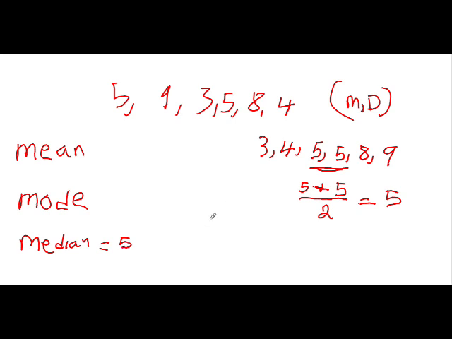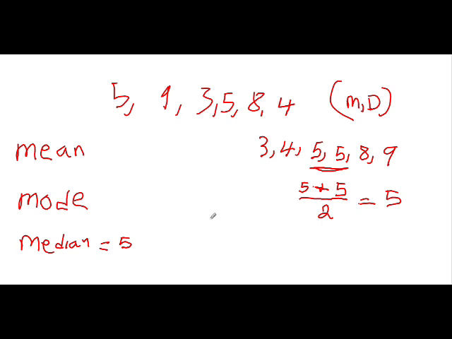5, right? Now let's find the mode. Again, what is mode? Mode is the number that occurs the most in a set of numbers, in a sequence of numbers, in a series of measurements. The one number that occurs more times than any other number. Let me repeat it: the number that occurs more times than any other number in the set.